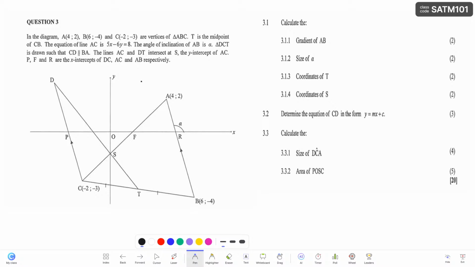The equation of line AC is 5x minus 6y equals 8. The angle of inclination of B is alpha. We also have triangle DCT drawn such that CD is parallel to BA, and the lines AC and DT intersect at S. We also have the y-intercept of AC, and P, F, and R at the x-intercept of what?